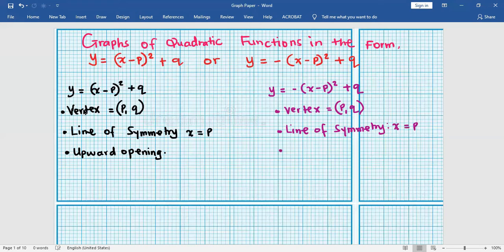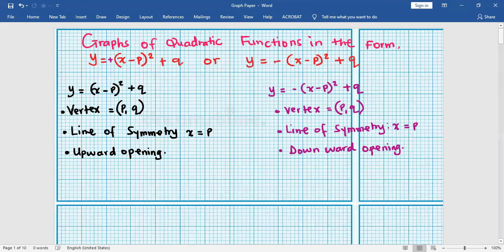Then it is downward opening. The reason why it is downward opening is because you can see that the coefficient of x is negative. So when the coefficient of x is negative, it will be downward opening. And when it is positive, it is upward opening.